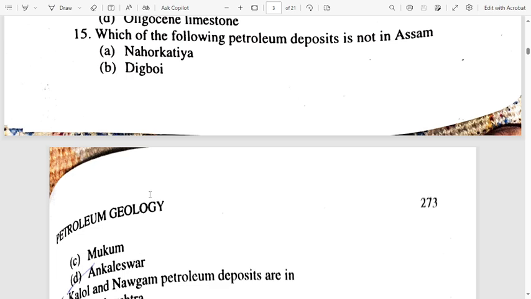Where is Ankleshwar then? Digboy, we know that's the oldest oil field. Mukum, Naharkatia is also there. Ankleshwar, I think, is in west. So let's just see Ankleshwar.